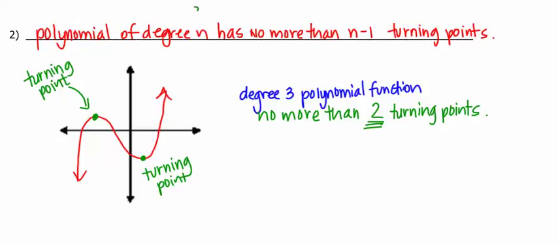So degree 3 has no more than 3 minus 1. A degree 5 has no more than 5 minus 1. A degree n has no more than n minus 1 turning points.